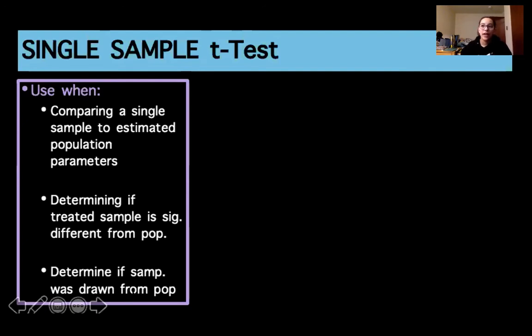So if I have, let's use the Thomas test for our example, which measures hip flexor flexibility. And I think the norm for that test is like 20 degrees below horizontal. So let's say my estimated population mean is 20 degrees, right?